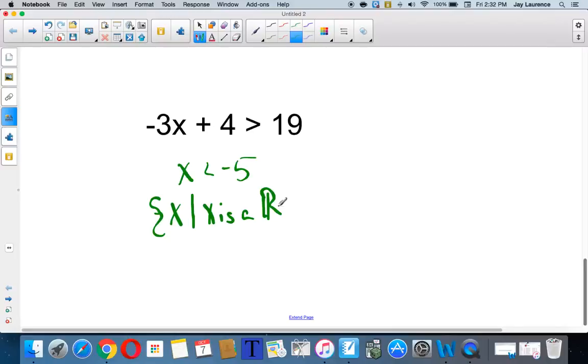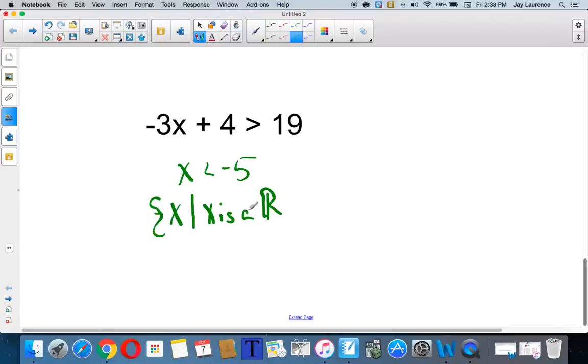X could be negative of the square root of 100, right? So I'm including negative of the square root of 101. I'm including all the integers below -5. I'm including all the rational numbers, all the irrational numbers. They all make it true. So I must be describing the real numbers.